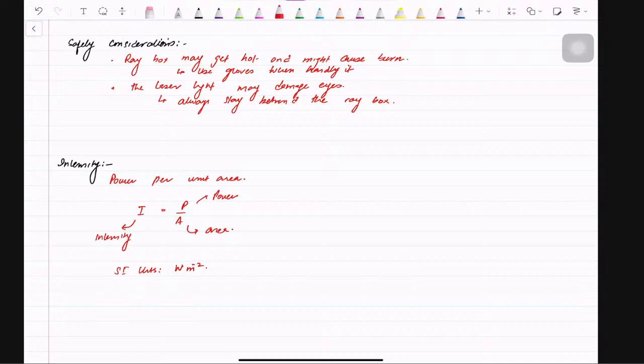Sometimes we also use intensity equals energy over time over area. So this formula is also used sometimes, because power is energy over time.